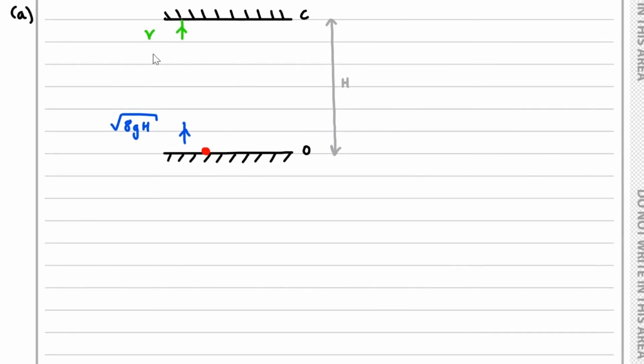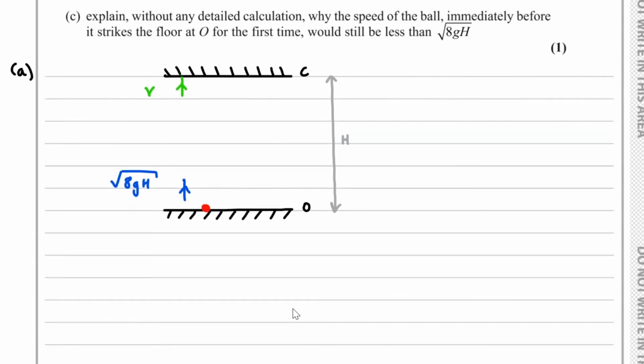If we use the work energy principle, we need to think about what we've got initially and what we've got at the end. Initially at this point O, which is our zero level, we have the initial kinetic energy. So let's write this down. We have here the initial kinetic energy, and at the end we have the final kinetic energy.